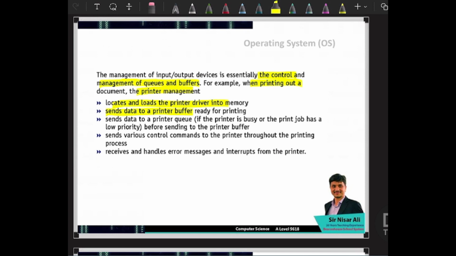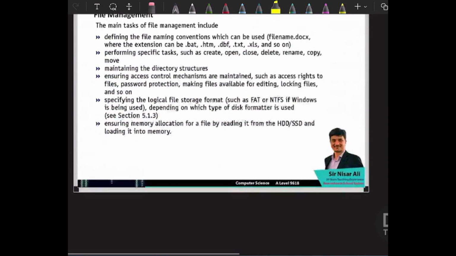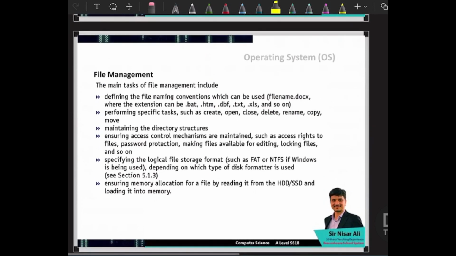So the buffer will have the task to accomplish, and there is also a queue in the printer if it has more than one print command. So they will be arranged in a queue in the buffer. If the printer is busy, it will be in the print queue. When it is in the buffer, it will be taken and start printing. The system sends various control commands to the printer throughout the printing process, and receives and handles error messages and interrupts from the printer. And the last one is file management.